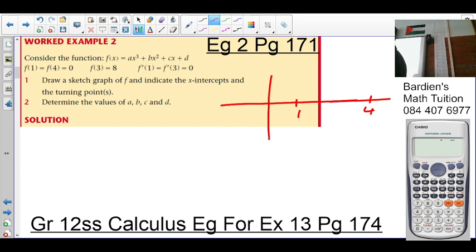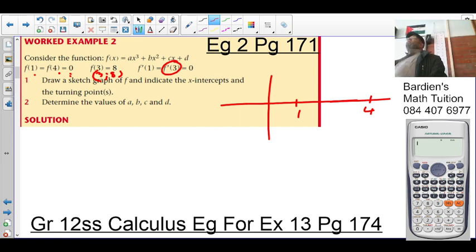Okay. Then we say f of 3 is equal to 8. So that's x is 3 and y is 8. So that's a point on the graph. This 4 and 0 is also a point on the graph, and 1 and 0. But because of the 0, we know it's your x-intercept. You understand? Okay. When do we set f prime of x equal to 0?